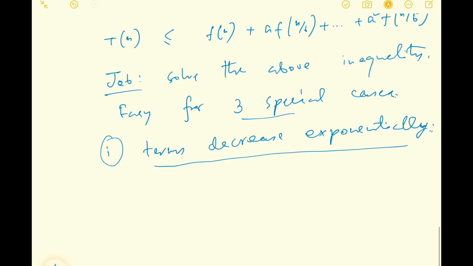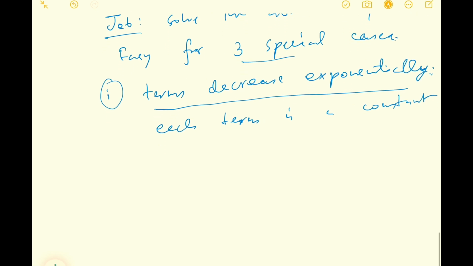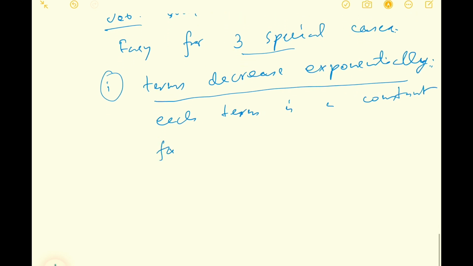What do you mean by that? Each term is a constant factor smaller than the previous term.